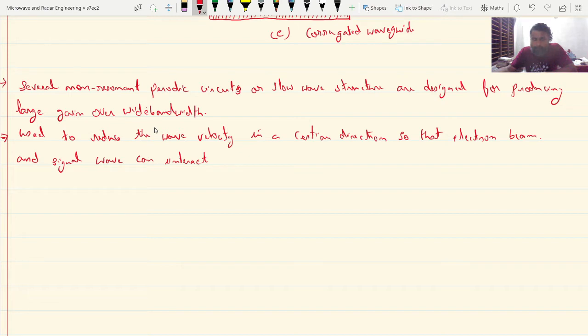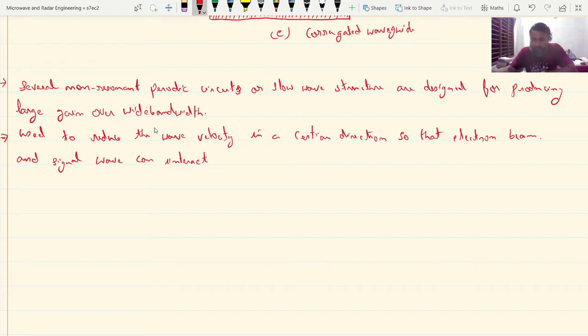In order to produce a resonance at that operating frequency, because the gain bandwidth product is limited by the resonance circuit. So what happens in the ordinary resonator? This ordinary resonator cannot generate a large output.